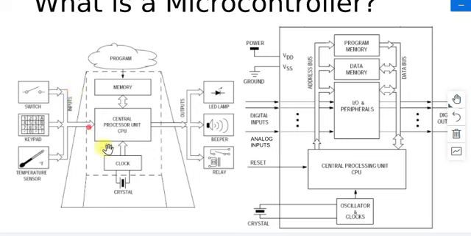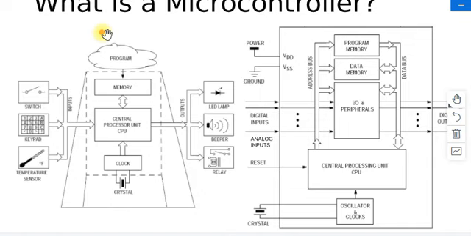So look at this system. We know that in any microcontroller there are two parts. One part is hardware and the other part is software. The basic function of the hardware is to make the communication part, and it acts as the interface between the input and output, and it tries to execute the program.